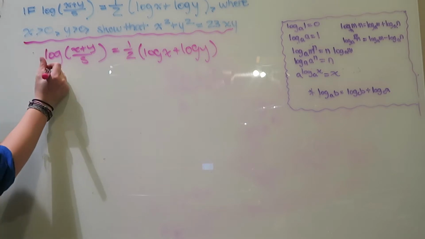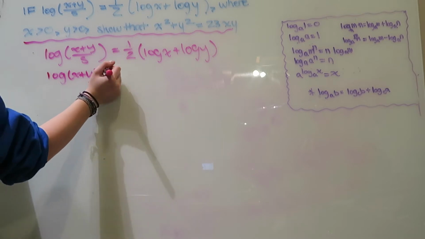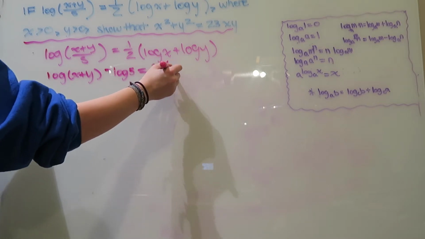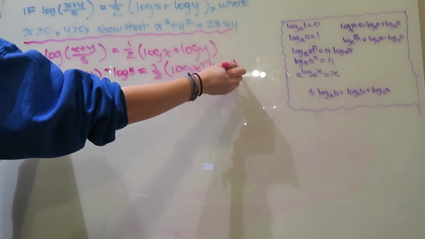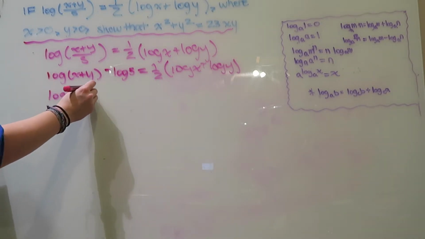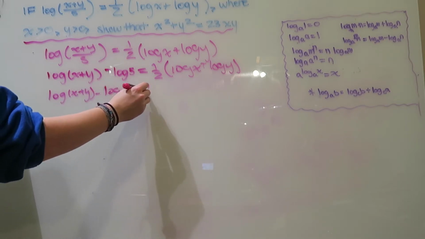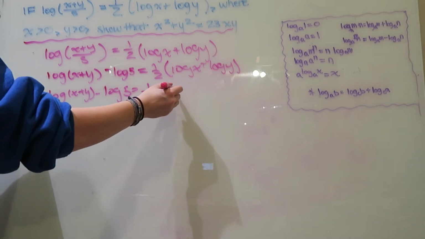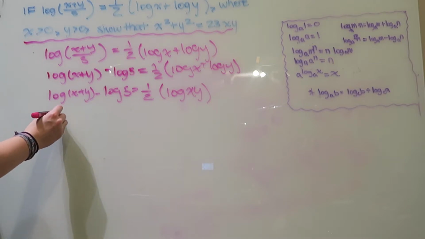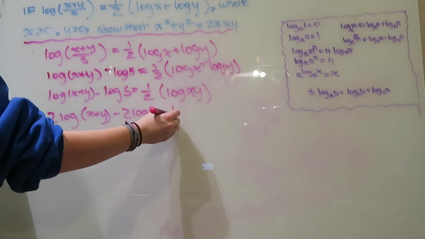Using the formulas we know, we can show that log of (x plus y) over 5 is the same thing as log (x plus y) minus log 5. And using another formula, we know that log (x plus y) minus log 5 is equal to 1/2 times log xy. When we divide both sides by 1/2, we get 2 log (x plus y) minus 2 log 5 equals log xy.